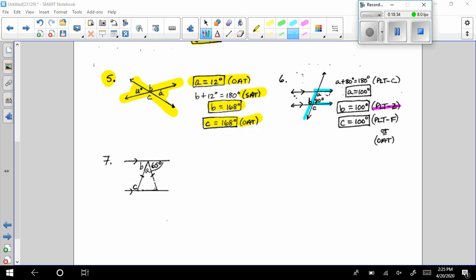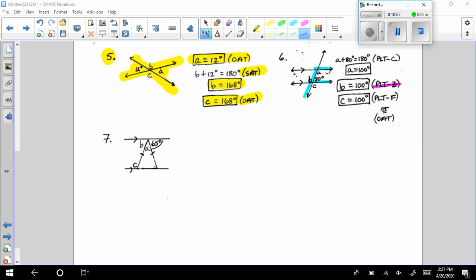So you could use that PLT-F relationship, I said, or you could use opposite angle theorem. Remember, I had just finished figuring out that angle B was 100 degrees, so directly across from it here, note these lines, is angle C, which means that it's also equal to 100 degrees.